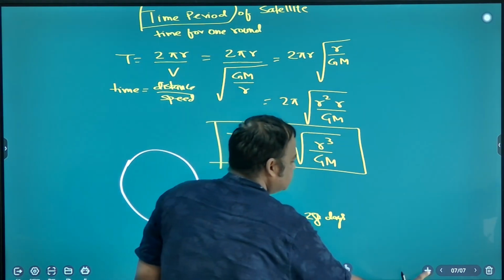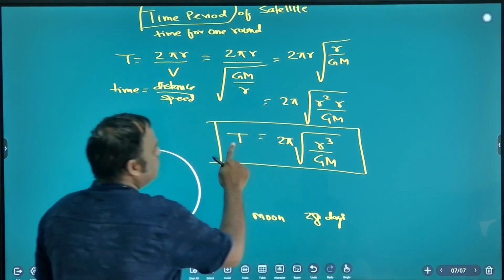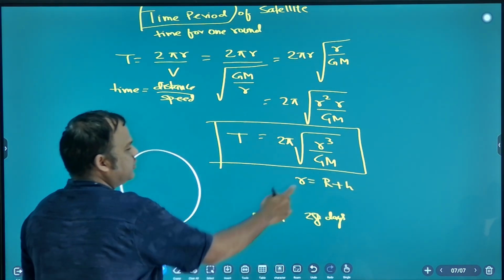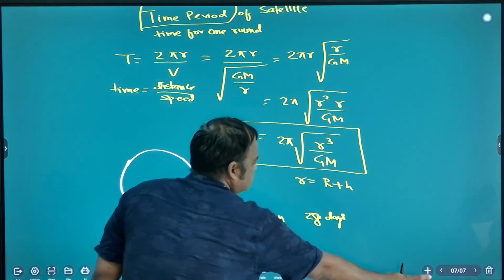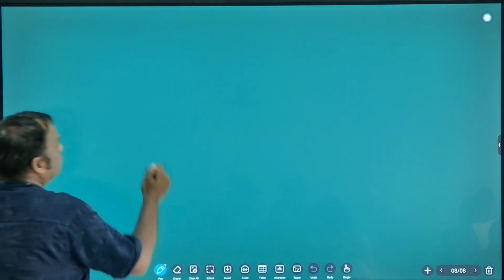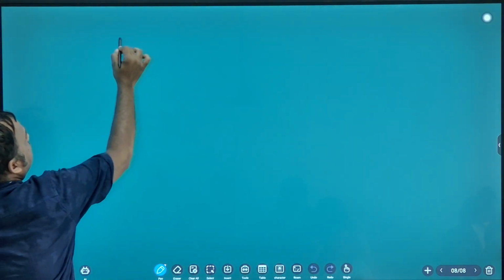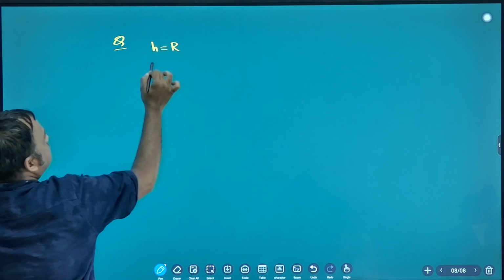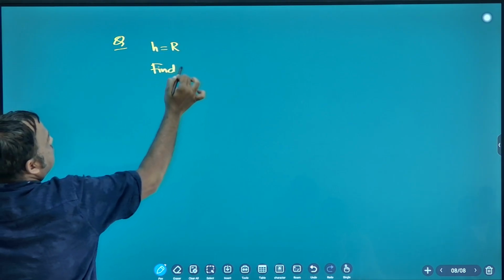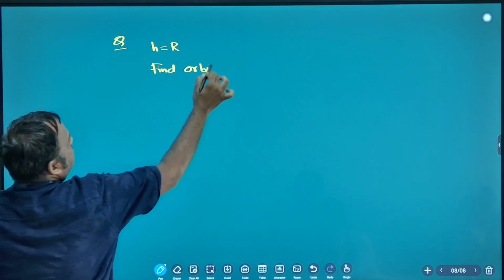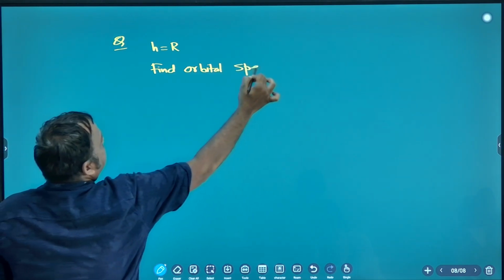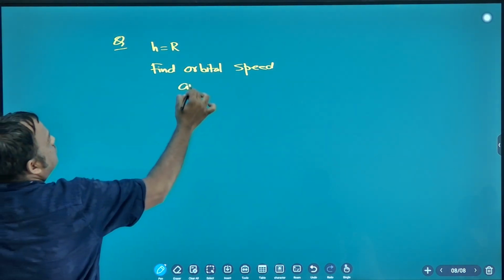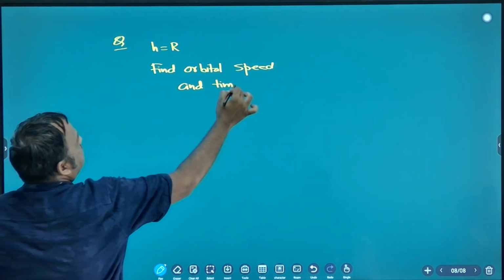Numerical. Let's do. So time period formula, and small r will be r plus h. Okay, this is clear. Next you write down. I am giving a numerical now. Height is equal to h. Find orbital speed and time period.